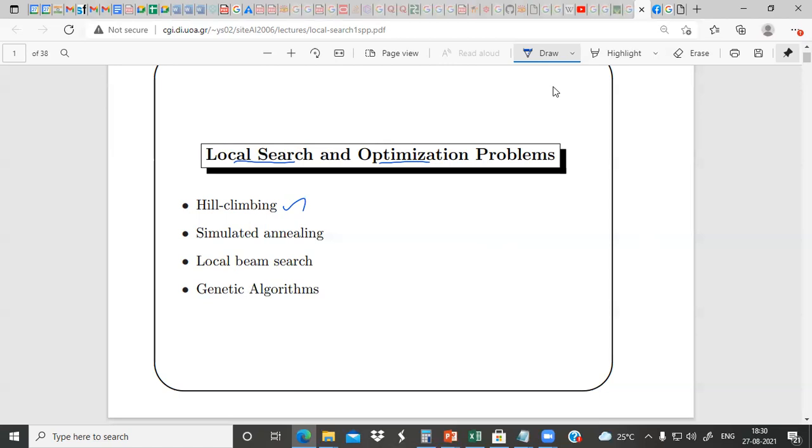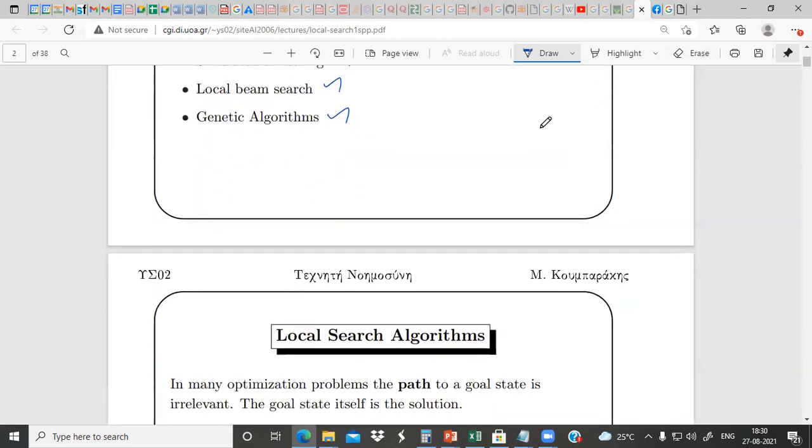Then we'll discuss another algorithm called simulated annealing, which is also an example of a local search and optimization algorithm. Then we'll discuss local beam search, and at last we'll discuss genetic algorithms. So this is the flow of the lectures. Let us start.